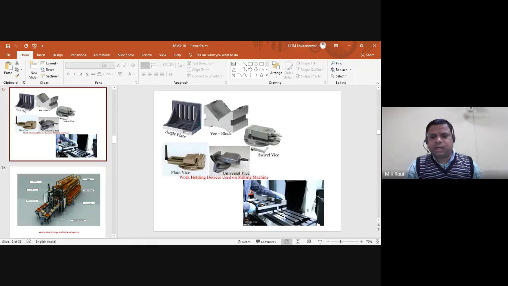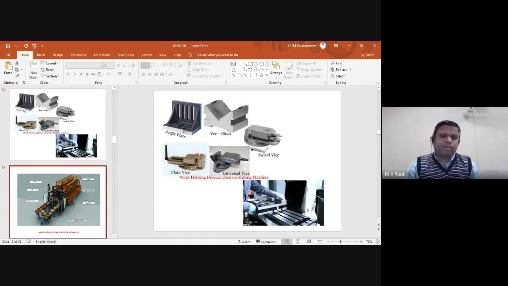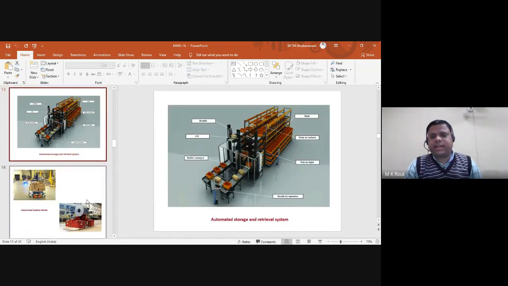In the second figure, you can see that the fixture can easily hold the particular job to perform various machining operations. Similarly, the next one is the automated storage and retrieval system. This is a numerical control storage system consisting of different kinds of shuttles. The shuttle is nothing but a conveyor.